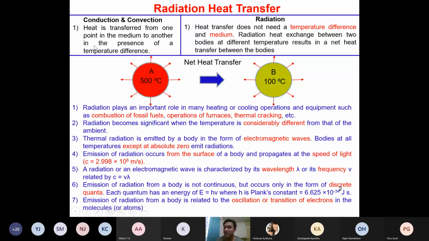So temperature difference is a must, and the medium is required. But when we talk about radiation, heat transfer does not need a temperature difference or a medium. So it is not required.